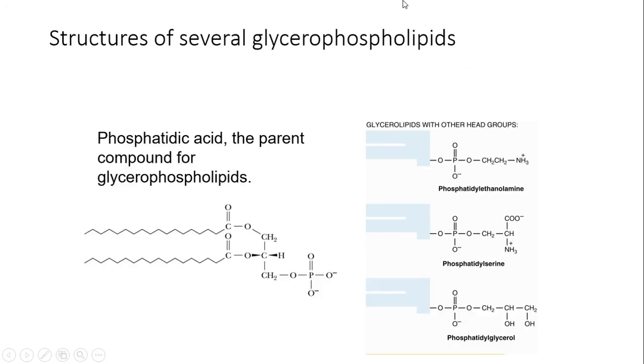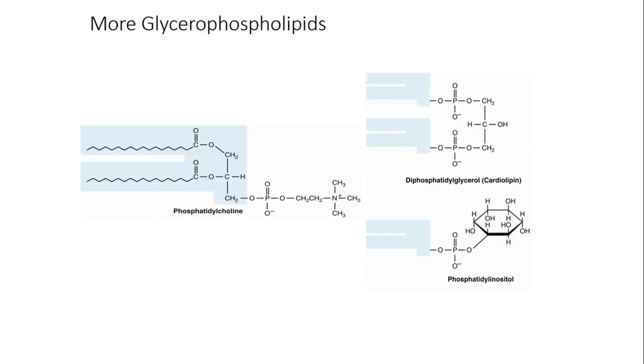Phosphatidylcholine and phosphatidylethanolamine are the 2 most common phospholipids in cell membranes. This is also in the membrane, but we'll discuss where it is located when we talk about membranes. So I want you to be familiar with phosphatidylcholine, phosphatidylethanolamine, and serine.